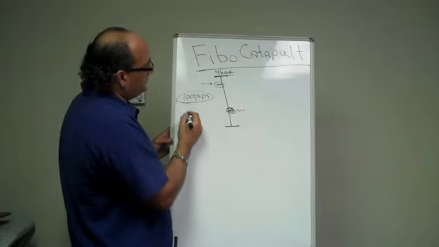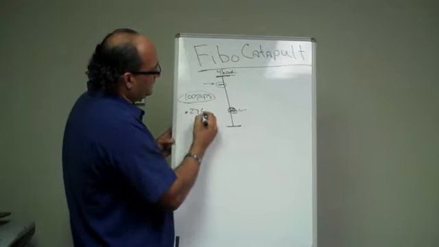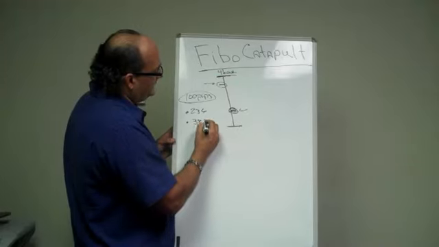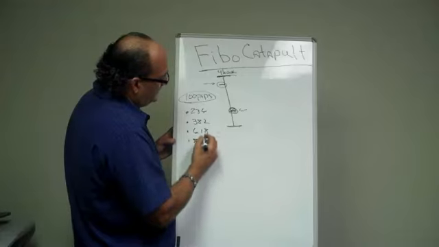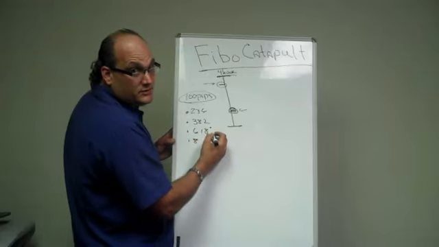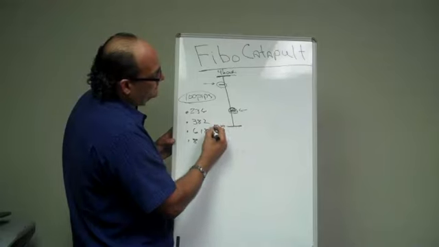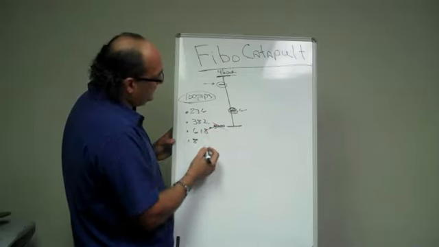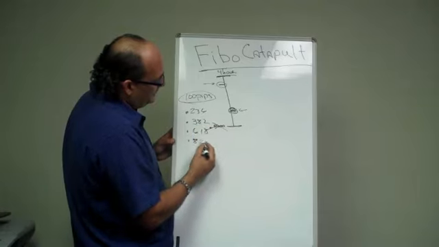What you're going to do is multiply your 100 pips by 0.236, 0.382, 0.618, 0.8. You can put in your 50%, but I actually don't use the 50% on this. I just think it's too much, so I scratch out the 50%. I go from 0.236, 0.382, 0.618, and 0.82.